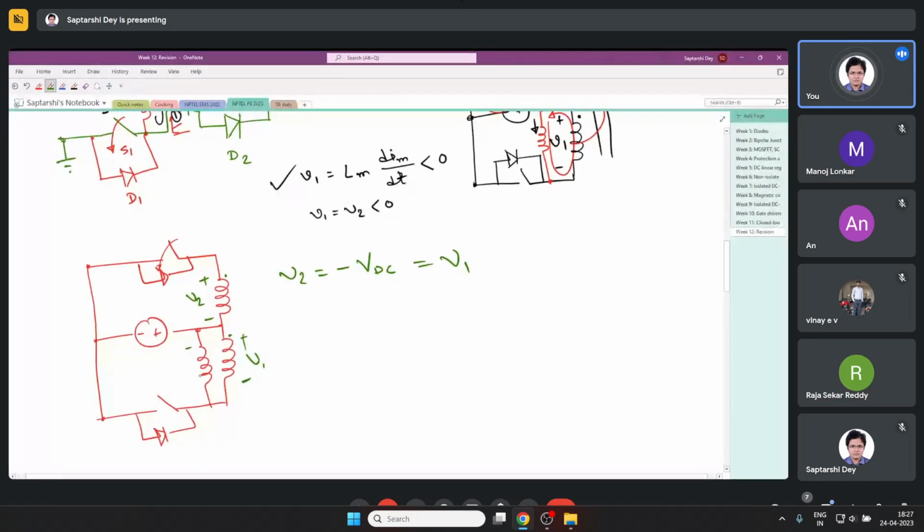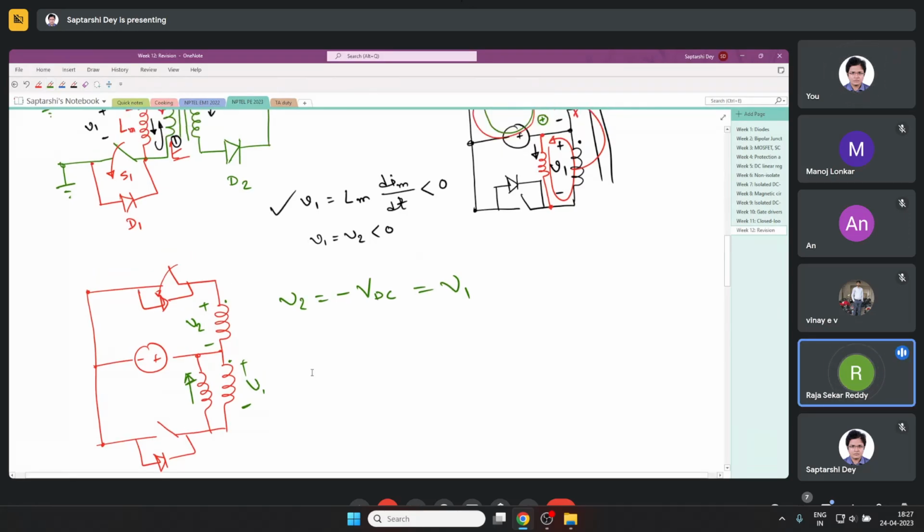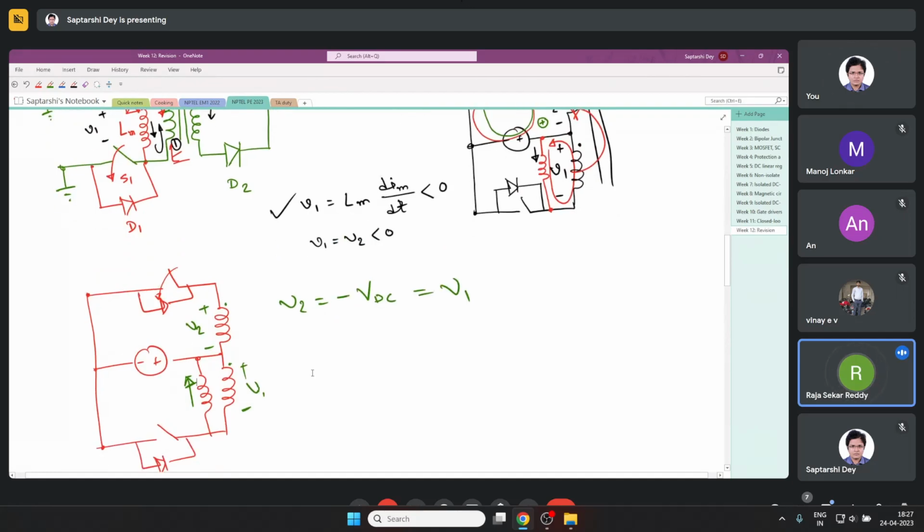That means this is forcing a current in this direction in the magnetizing inductance. Now if you compare, V1 is minus VDC.